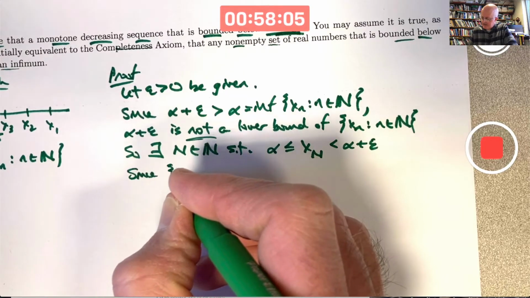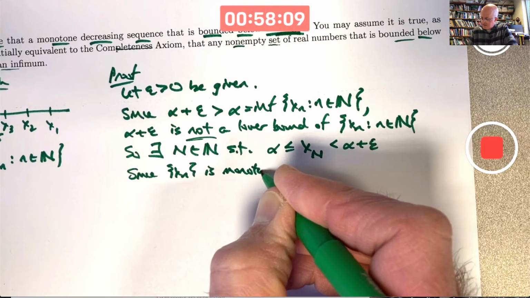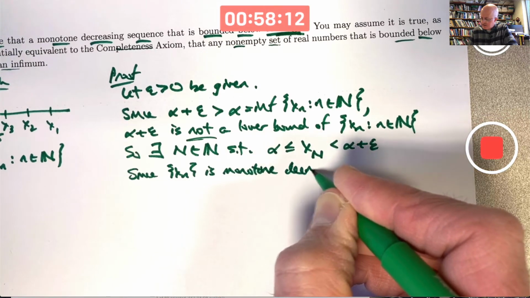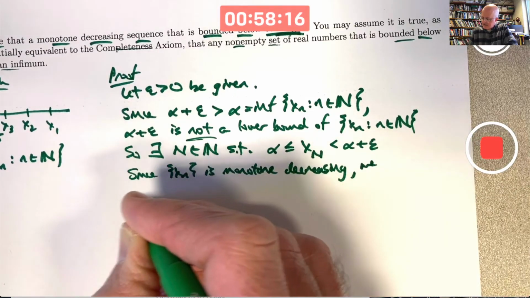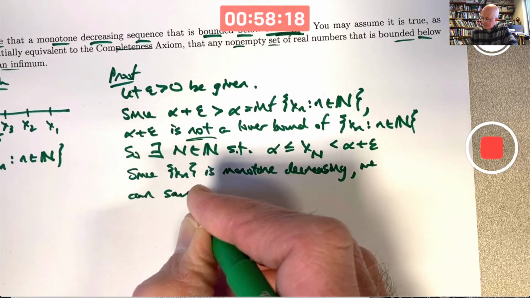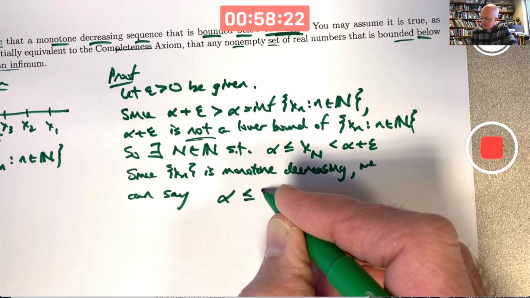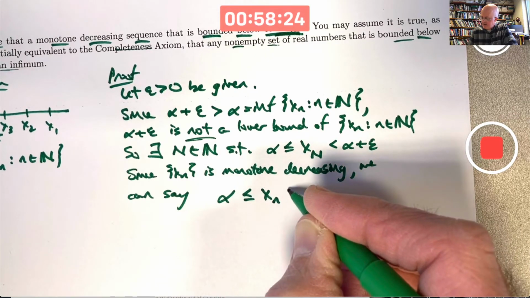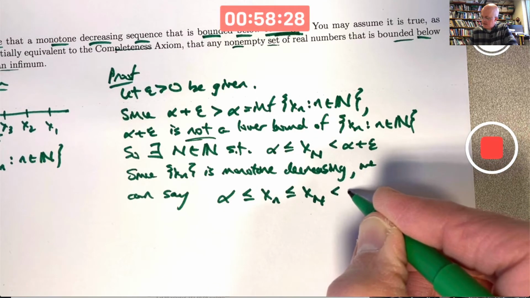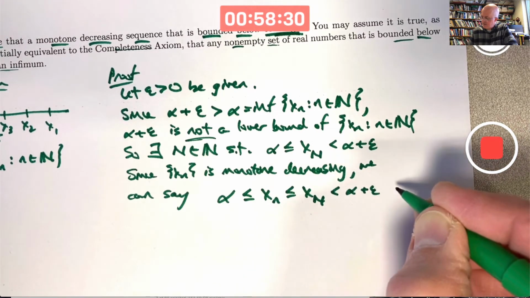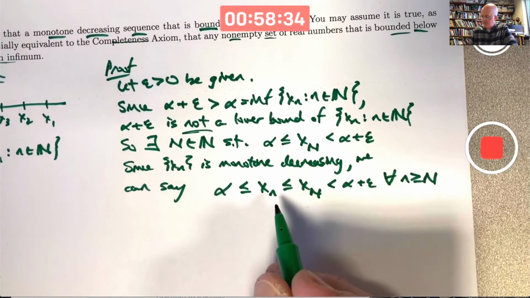Since this is monotone decreasing, we can say something a little bit more. We can say alpha is less than or equal to little x sub little n is less than or equal to little x sub capital N less than alpha plus epsilon for all little n greater than or equal to capital N, because it's monotone decreasing.